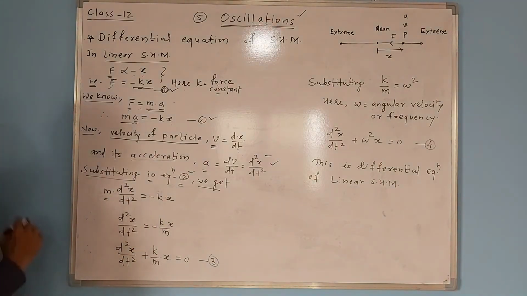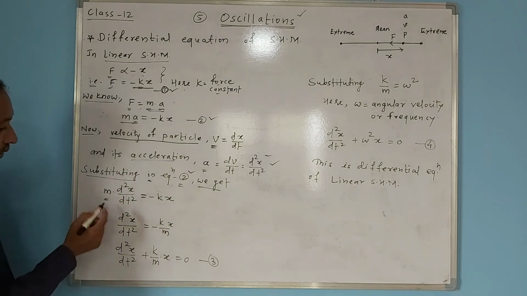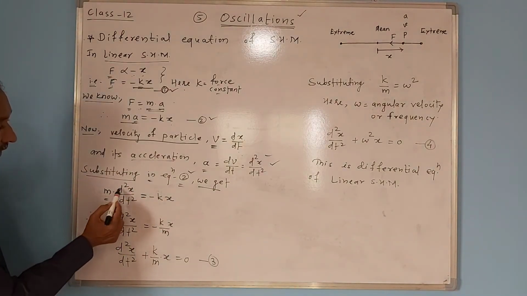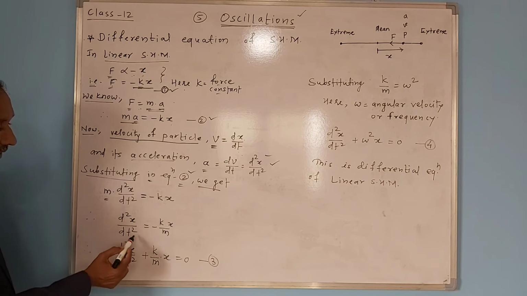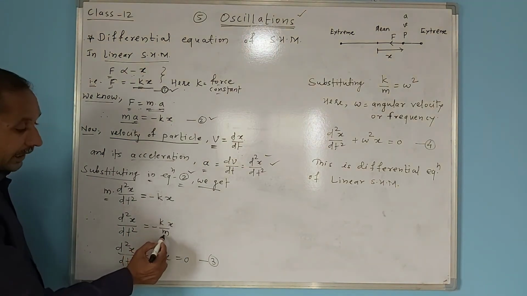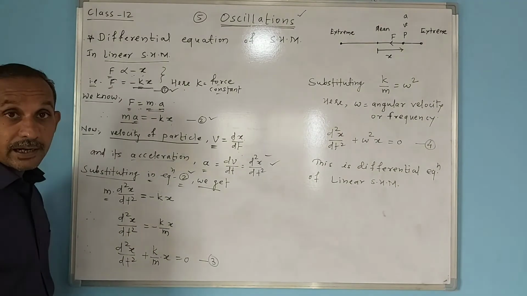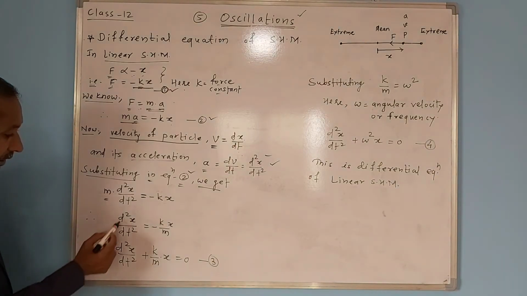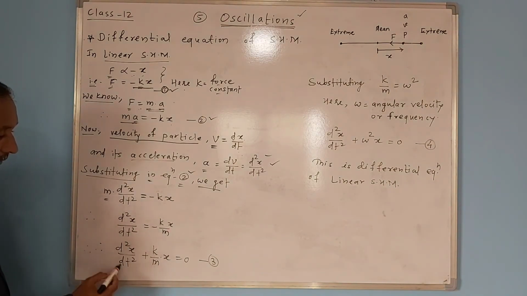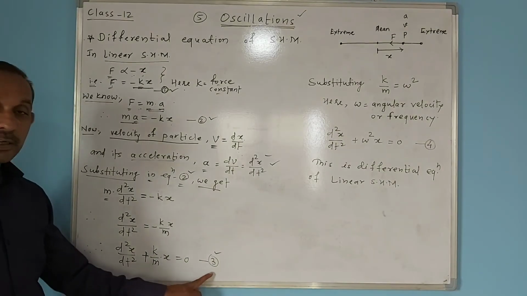Then divide this equation by m on both sides. The mass gets cancelled, remaining d2x/dt square equals minus k/m multiplied by x. Changing the sign, we get d2x/dt square plus k/m x is equal to 0. So this is the third equation.